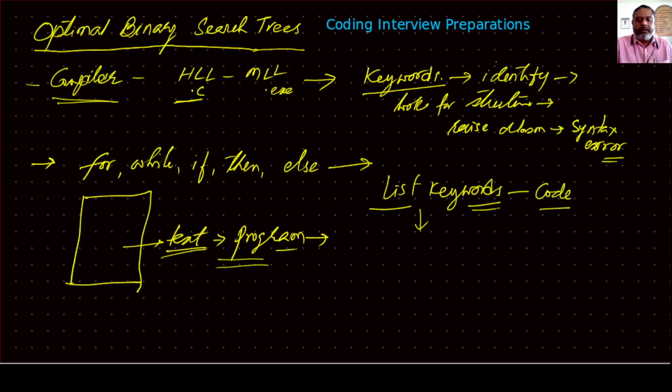Our first step of the compiler has to identify keywords and replace each keyword with its appropriate code. The second step is to look at these codes, try to correlate the codes and see everything is intact. If not, then raise syntax error.